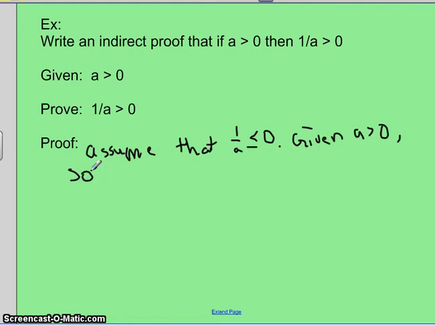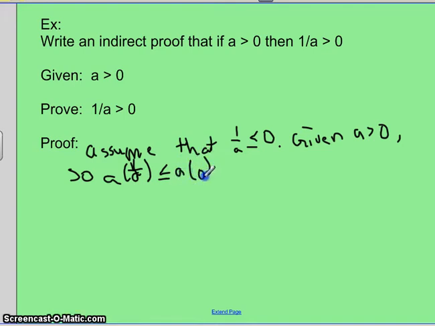so if we multiply both sides by a, we'd have a times 1 over a, which is 1 over a, by the way, is less than or equal to a times 0.